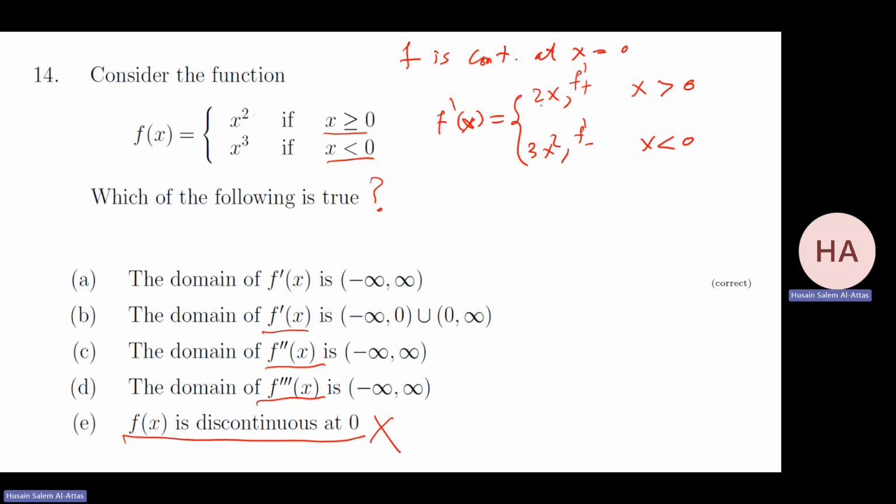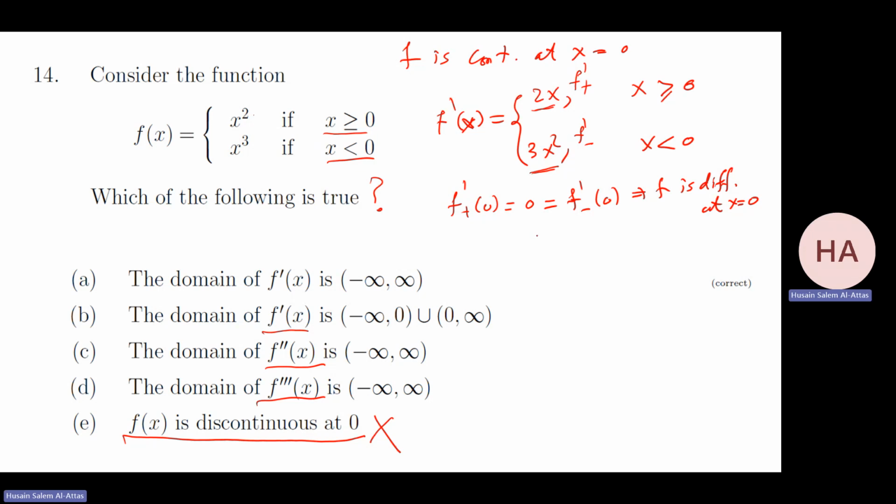At 0, they are equal to each other. This is 0, this is 0. So I will put the equality. F prime is differentiable. It means f is differentiable at x equals 0, since they are equal at 0. You notice f prime plus at 0 equals 0, and it's equal to f prime minus at 0. So it means f is differentiable at x equals 0.